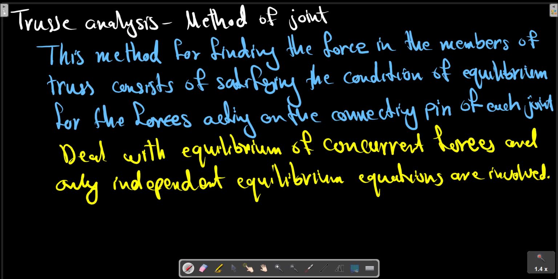We begin the analysis with any joint where at least one known load exists and where not more than two unknown forces are present.